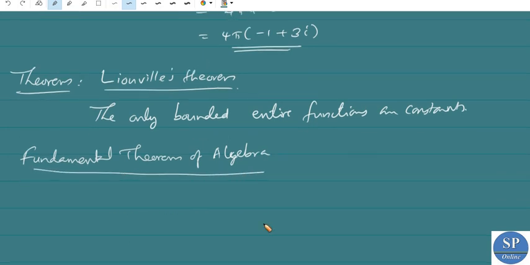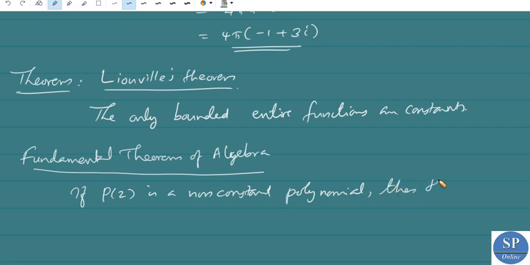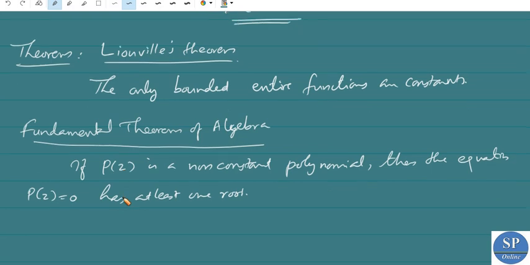This theorem states that if p of z is a non-constant polynomial, then the equation p of z equal to 0 has at least one root. That is, the fundamental theorem states that if p of z is a non-constant polynomial, then the equation p of z equal to 0 has at least one root.